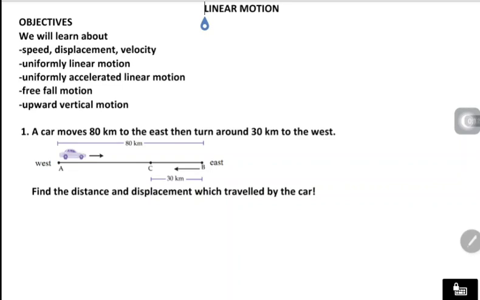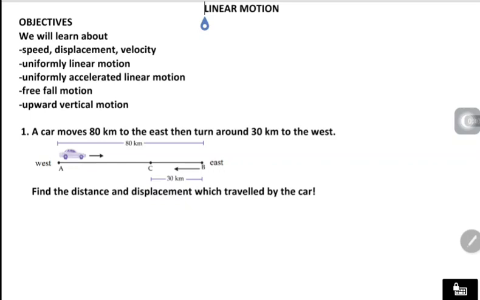First, we look at the objectives in learning this chapter. In this chapter, we will learn about speed, displacement, velocity. We will learn about the difference between distance and displacement.